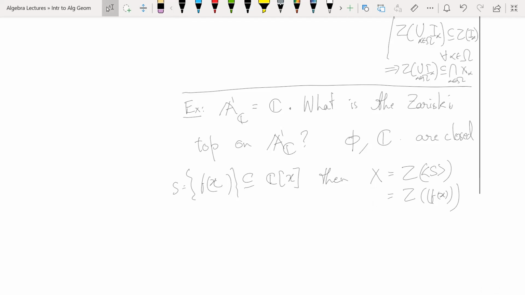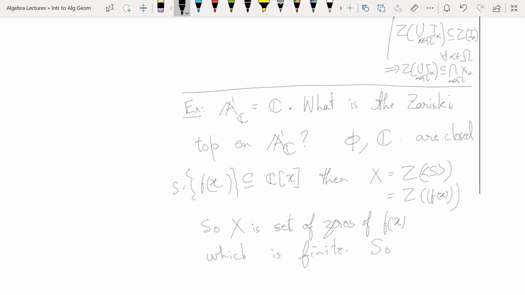If you are given a polynomial in C[x], it splits into linear factors, and there are only finitely many linear factors. So X is the set of zeros of f(x), which is finite.